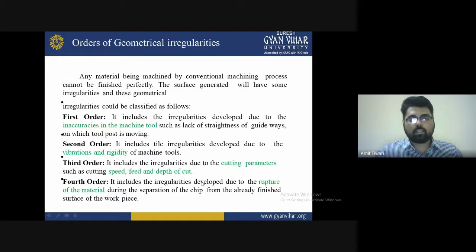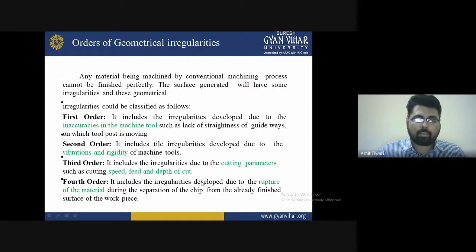The third order is represented by the cutting parameters, that is feed rate, spindle speed, and depth of cut. The fourth is the rupture of the material, developing irregularity during the separation of chip from the already finished surface of the workpiece.